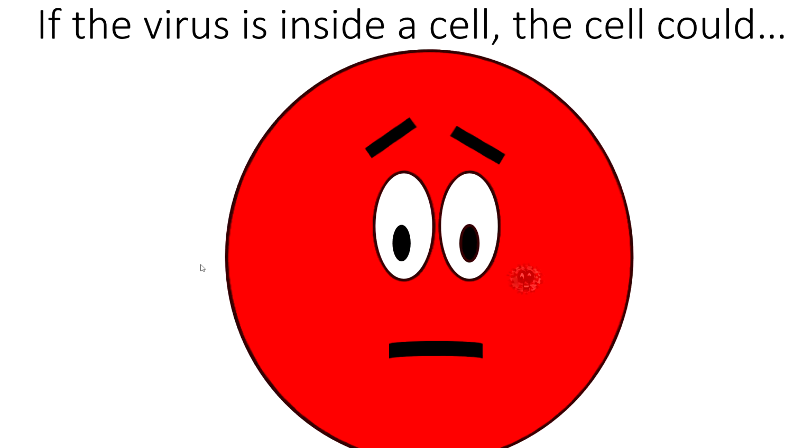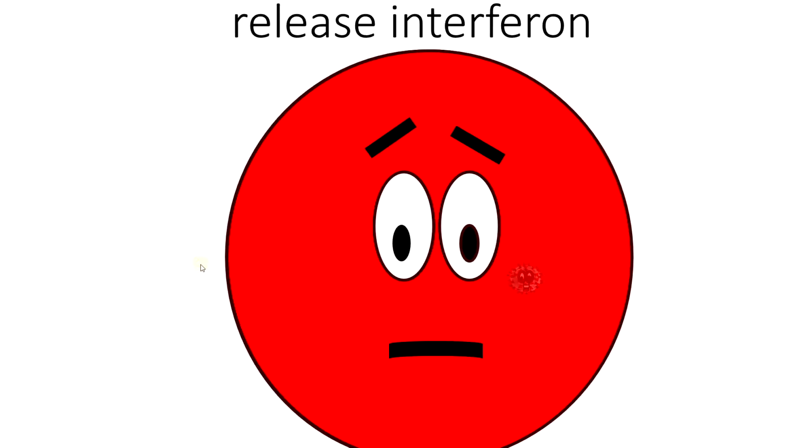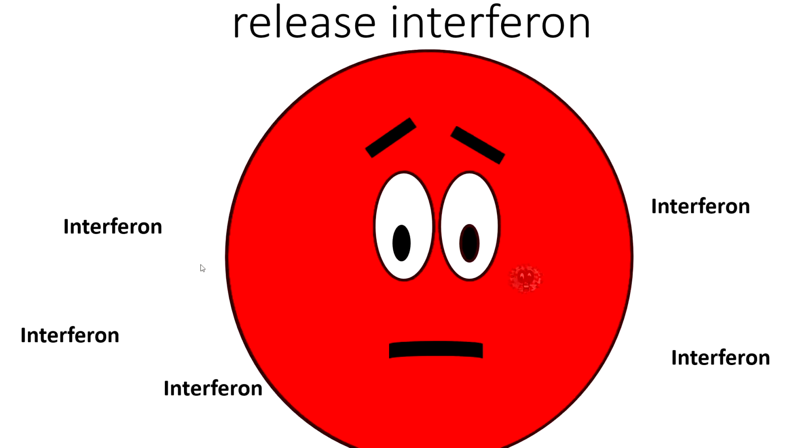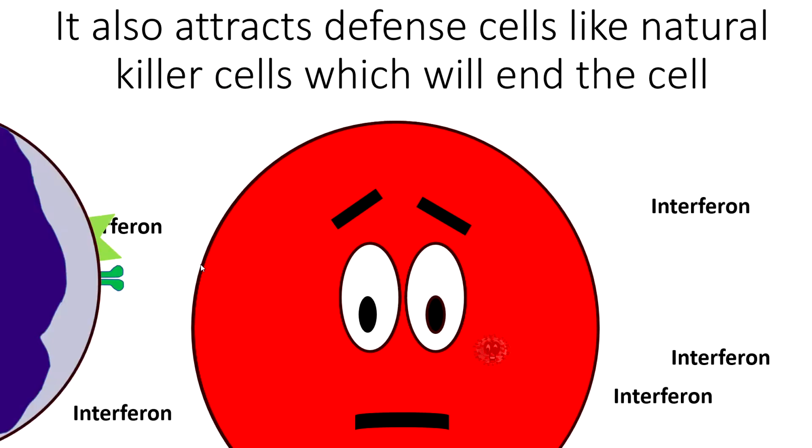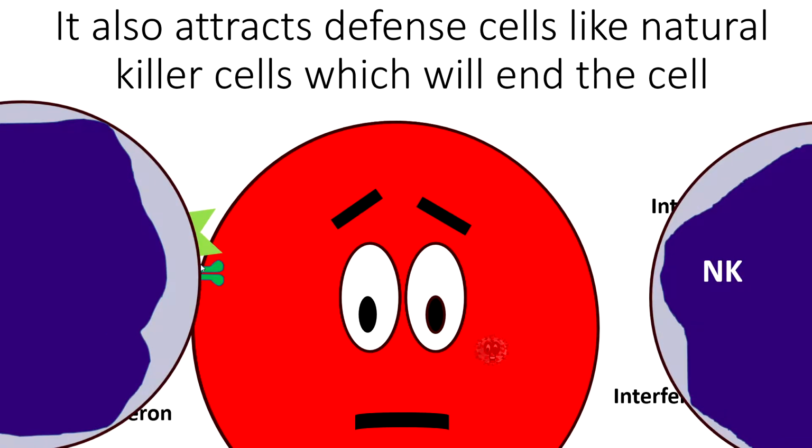If the virus is inside a cell, well, the cell could release interferon, which basically stops itself from making new stuff inside itself. No more self-proteins, and no more proteins means no more viruses also. This interferon can also attract defense cells, natural killer cells, which will end the cell.